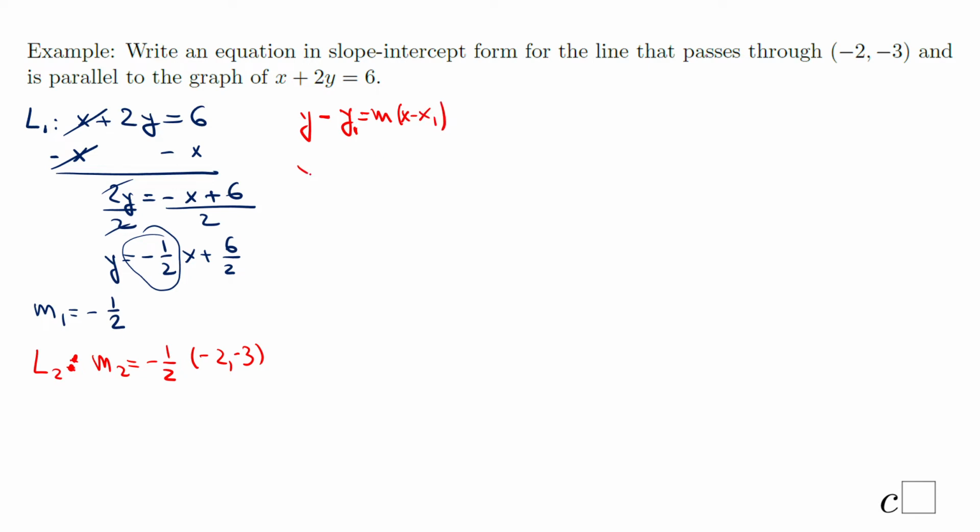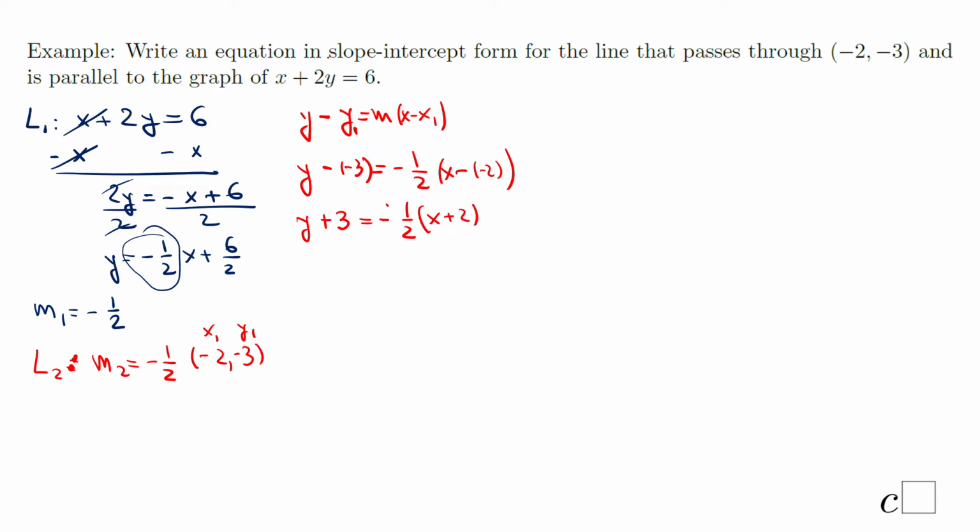So in this case you have y minus negative 3 equals m, negative 1/2, times x minus negative 2. So let's simplify the multiple signs we have. We have y plus 3 on the left side, and on the right side we have x plus 2.